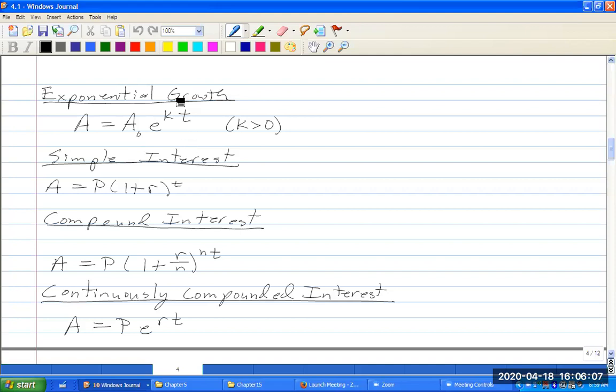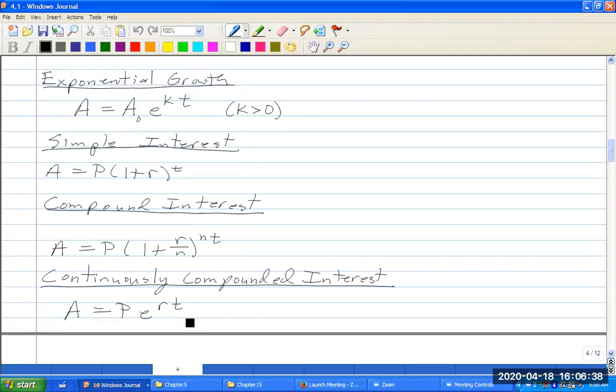A sub 0 is P and k is R. As before, A is the amount that you have in your particular investment. P is the amount that you invest initially, the principal. e is a constant, Euler's constant. R is the interest rate per annum, let's say, and t is the number of years.